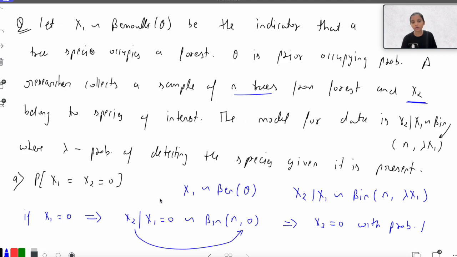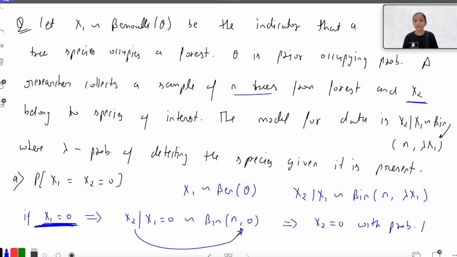This is happening because if the species is not occupying the forest, x1 equal to 0, then there is no chance that the sample would contain any sample of that species, right? Because the forest is not having that particular kind of species, then it is not possible that if I draw a sample from that forest, I'll be getting some kind of species.